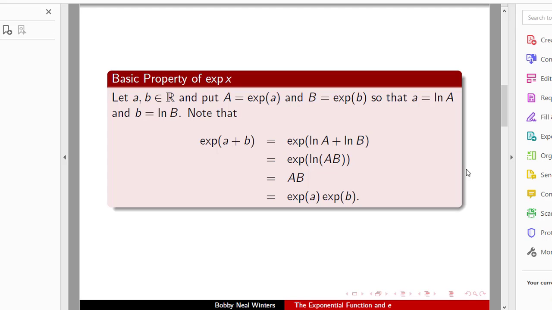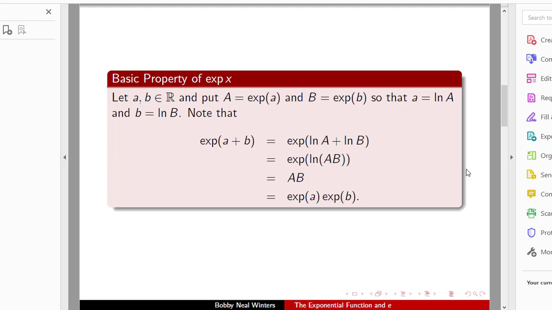Okay, let's look now at a basic property of the exponential function, and it's one that we use a great deal. So suppose we have a couple of real numbers, a and b, and let's say capital A is the exponential of little a, and capital B is the exponential of little b.